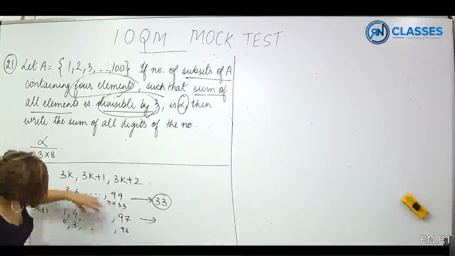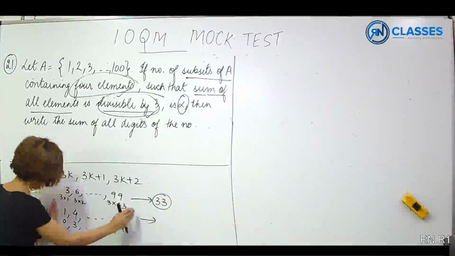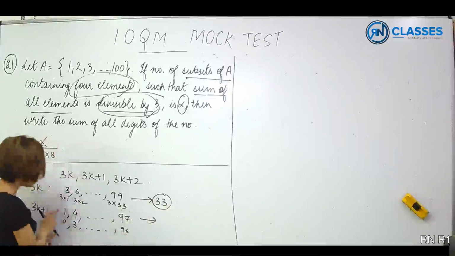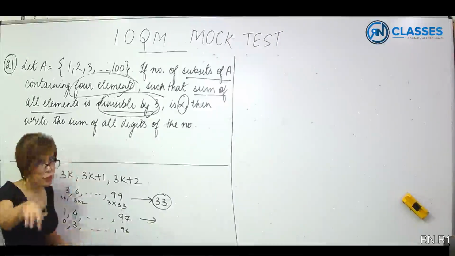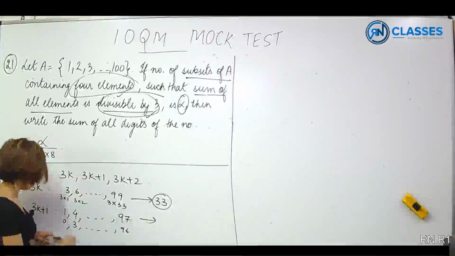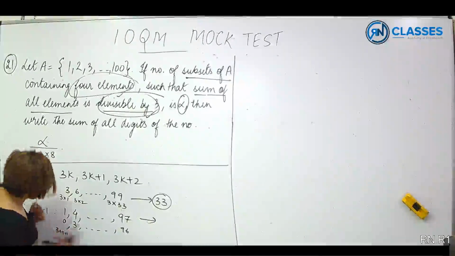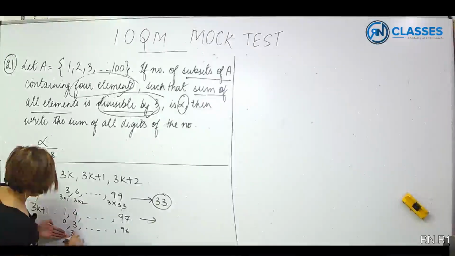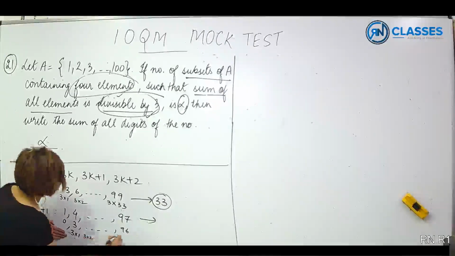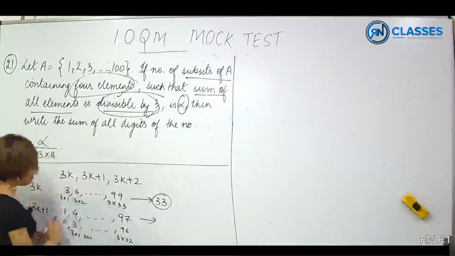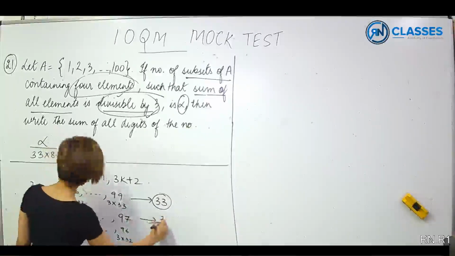The number of numbers over here would be equal to the number of numbers over here, because corresponding to each I'm writing it here. Or you can use the AP method, whatever you want. So this is 3 into 0 plus 1. Or you know what, just leave it. This is 3 into 1. Then I have 3 into 2. And then I have 3 into 32. And an additional one number, so again it is 33.